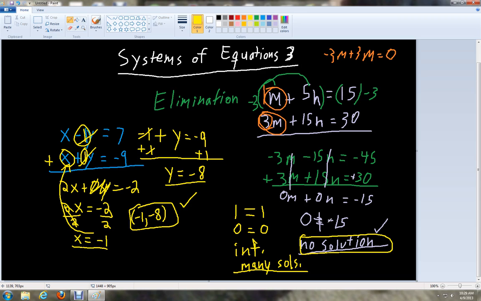So the case where we had no solution was a set of parallel lines, and the one that had infinitely many solutions was the case of the coinciding lines, or the lines that trace over each other.